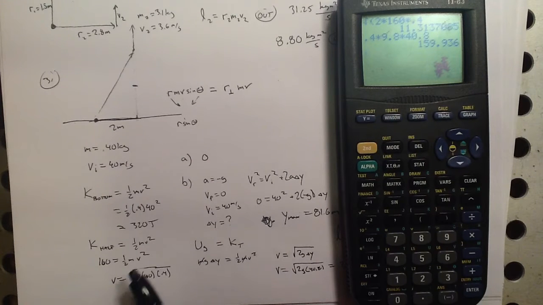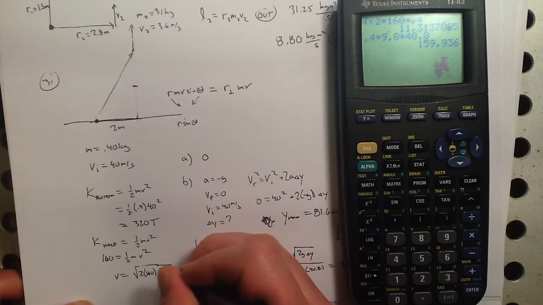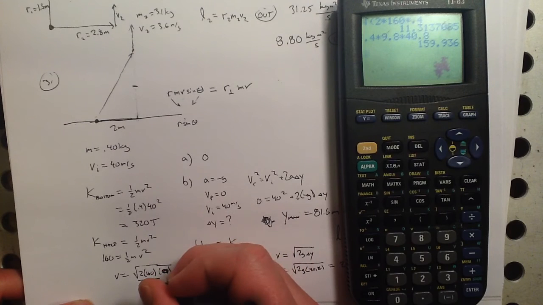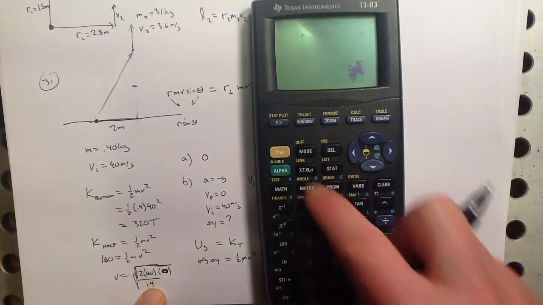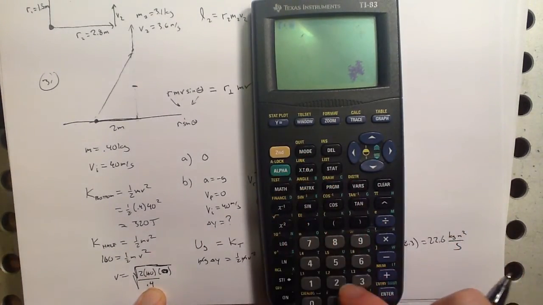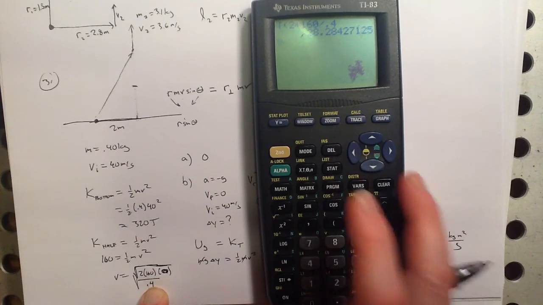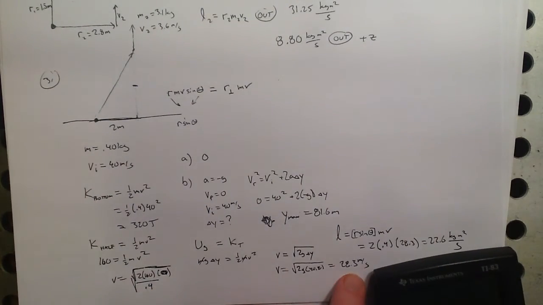Oh, whoops. Sorry. Divided by the mass, not times mass. So that should have been the square root of 2 times 160 divided by 0.4. There we go. So it is the same.